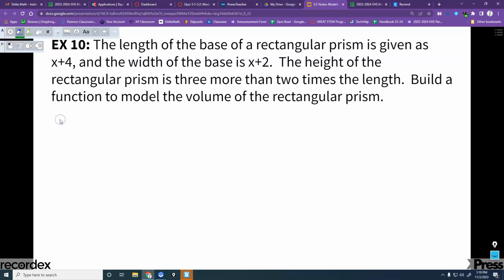So here, the length of the base of a rectangular prism is given as x plus 4. The width is x plus 2. Height of the rectangular prism is 3 more than 2 times the length. Build a function to model the volume of the rectangular prism. So a rectangular prism is just a box.